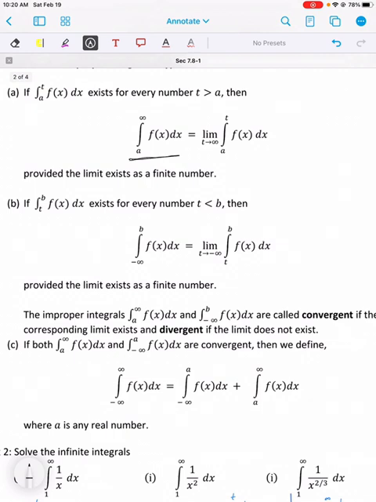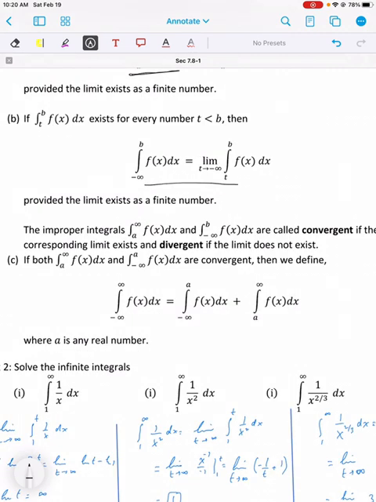Then in that case, you split the integral. Where do you split? That is your choice. You can pick any real number a, and write the integral from negative infinity to a plus a to infinity. And again, remember, we can do that by the properties of definite integrals.